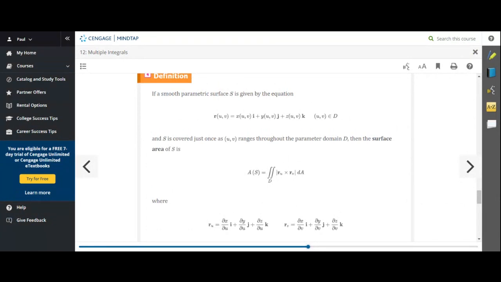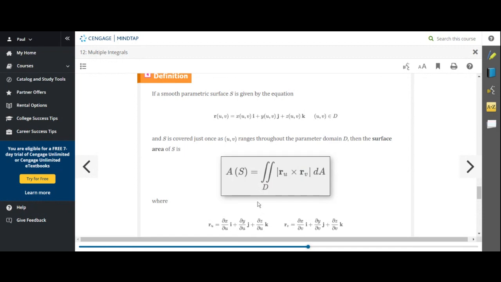Now, with the power of multivariable calculus behind us, we have a way to find the area of a surface.